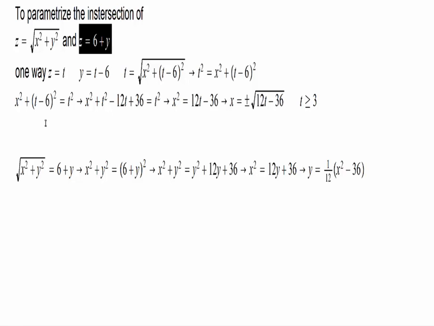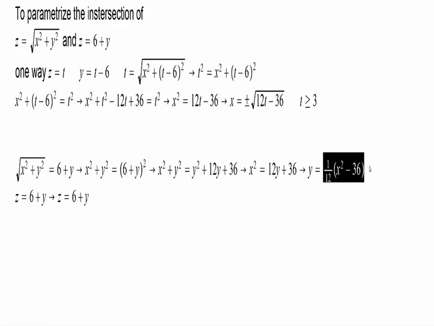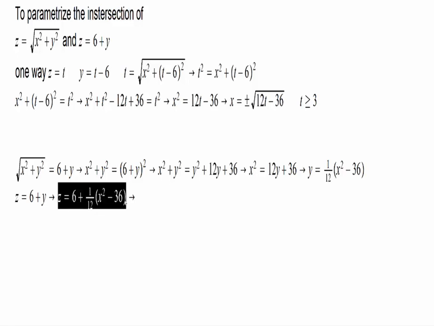So I'll just substitute this value. What we did was find the values of y and z in terms of x, and that will help me set x equal to the parameter and avoid the square roots.